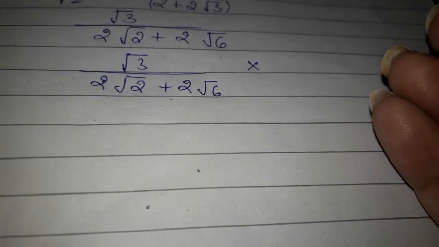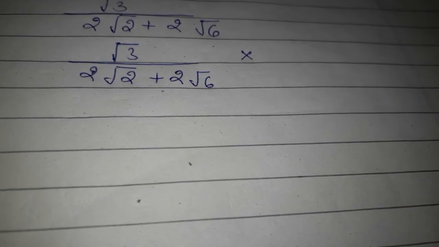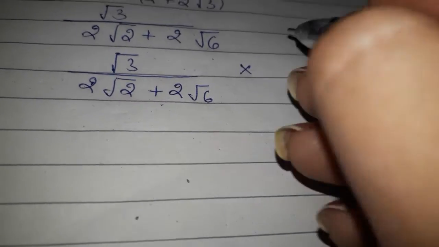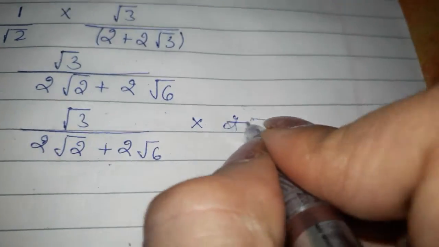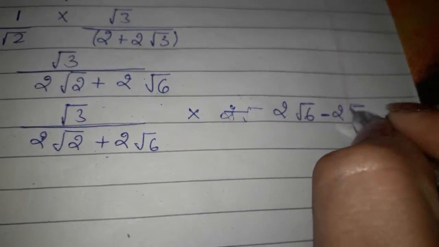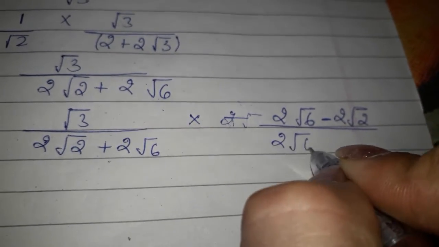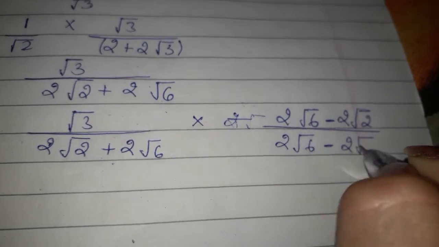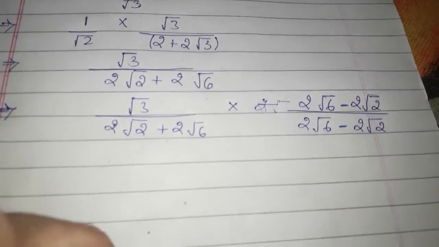But not to get the answer in negative, we will use a trick. We have to take 2 root 6 as positive, 2 root 6 minus 2 root 2 upon 2 root 6 minus 2 root 2. I hope you will get this trick.